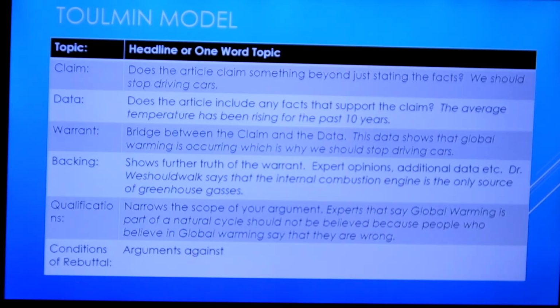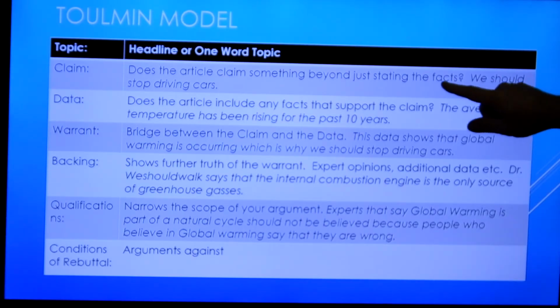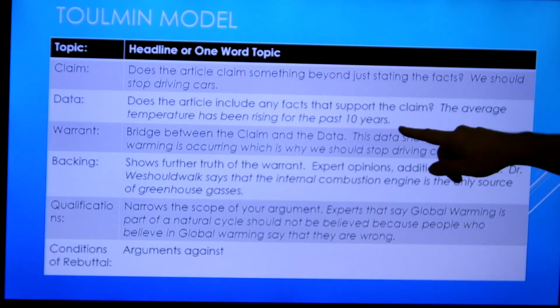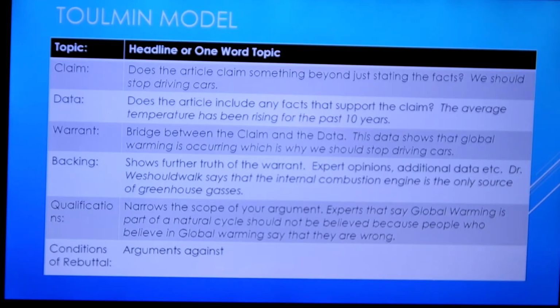In this example, the claim is we should stop driving cars. The data is the average temperature has been rising for the past 10 years. Well, you can see where this is leading. This is going to be a climate, global warming type conversation.